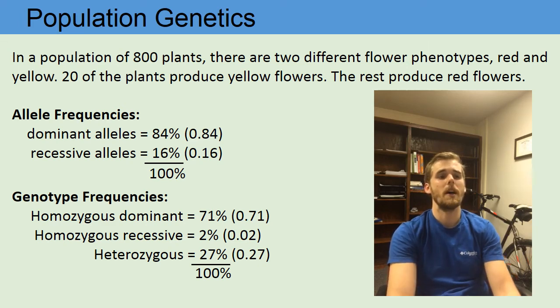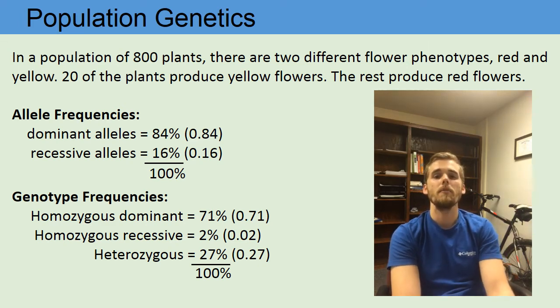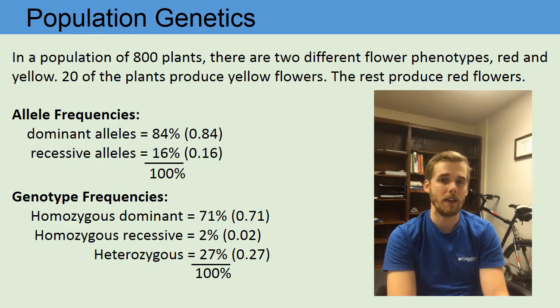In terms of genotype frequencies, 71% of the genotypes in our population are homozygous dominant, 2% of the genotypes in our population are homozygous recessive, and 27% of the genotypes in our population are heterozygous.